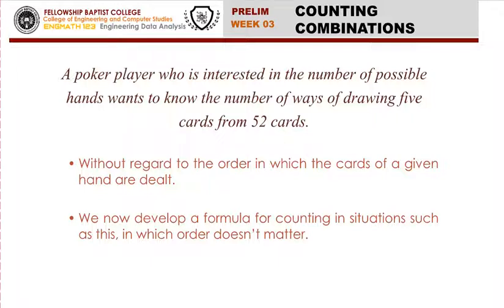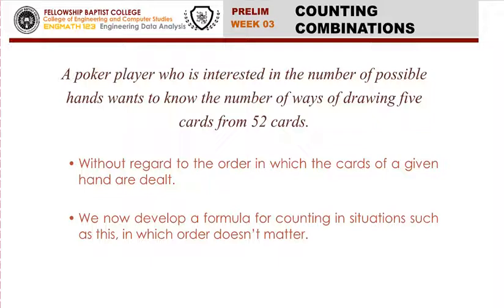So, you just get 5 cards out of 52 cards. Without regard to the order in which the cards of a given hand are dealt, you have no specific consideration of what you should pick first, whether it is an ace or a club. You have no specific category as a basis. So, what we are looking at here is a specific combination.